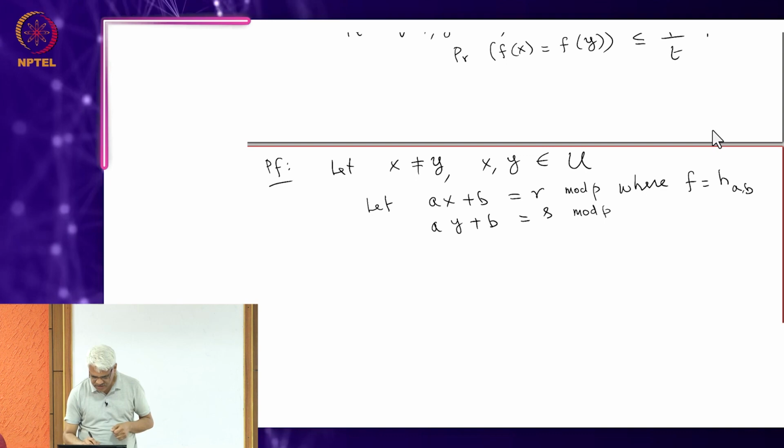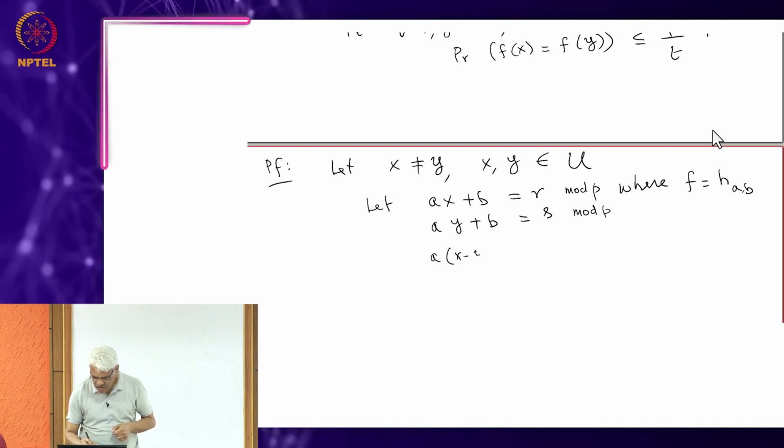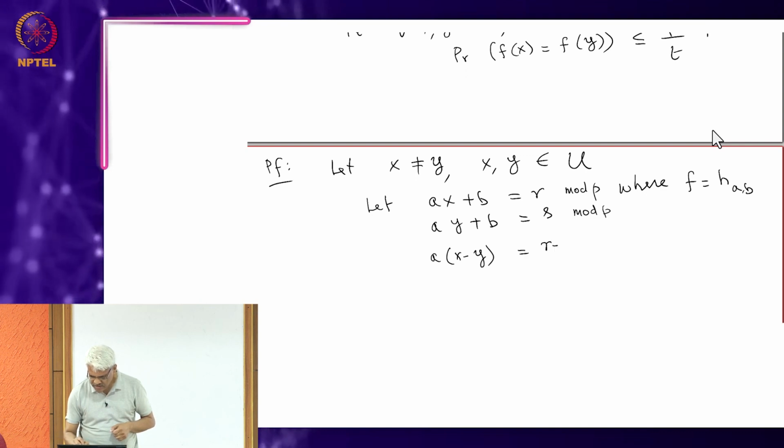let me do some subtractions. So, what do I get? A into x minus y is equal to r minus s.